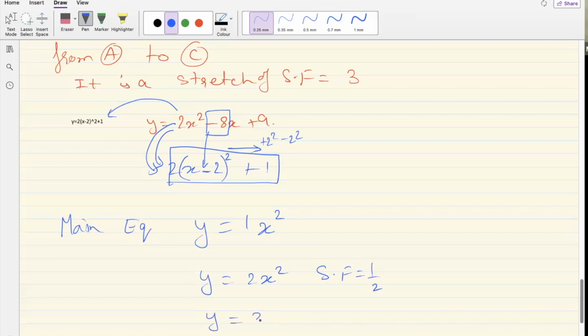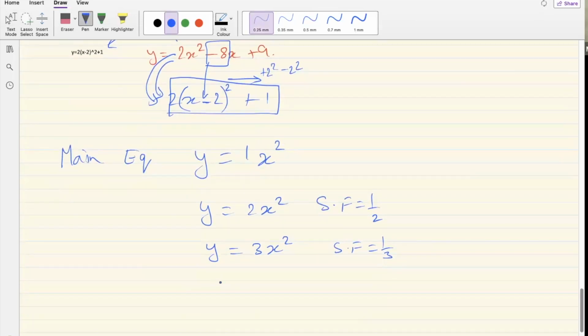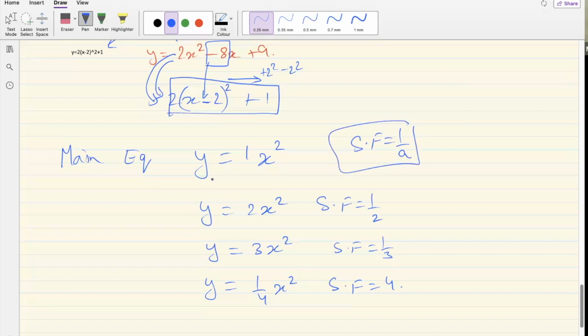New equation y equals 3x square, scale factor is 1/3. New equation y equals 1/4 x square, so scale factor is 4. Reciprocal of a. Scale factor is 1/a for any comparison. This to this, this to this, and this to this. Is it clear?